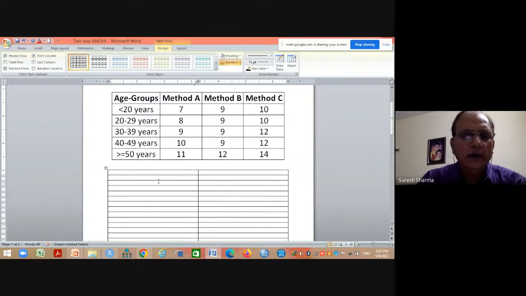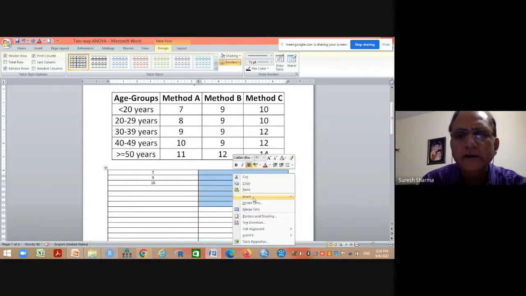I'll put 7 here, then 9 here, then 10 here. I'm just looking at the first row. And I need to create one more column: insert column to the right.